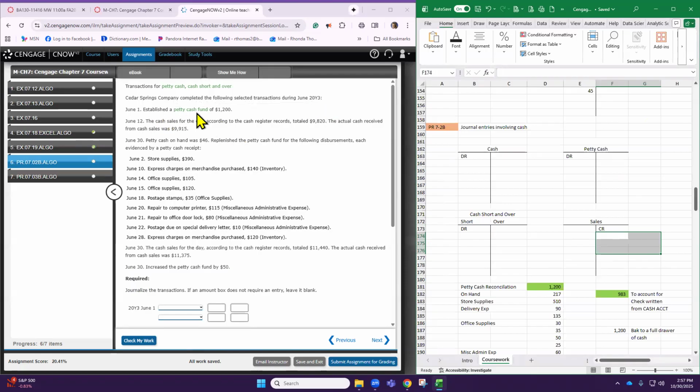We're going to establish a petty cash fund. When you establish a petty cash fund, you decide how much is going to be in this petty cash account, right? It comes out. So let me put June 1st. Okay, so let's put 6/1. Okay, and we're going to make our cash account go down. So we're going to write a check from this account and we're going to go cash it.